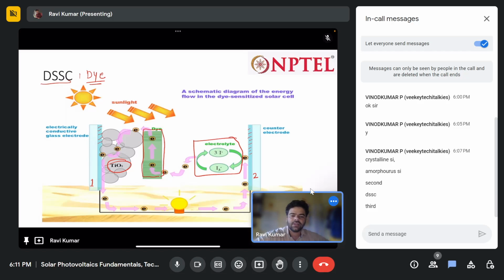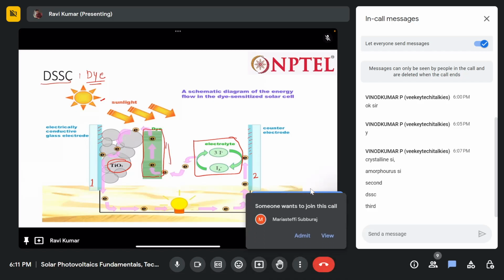So what happens when light strikes the surface of a DSSC solar cell? Let's see. When light comes from a light source and strikes the surface of DSSC, the dye will be excited.